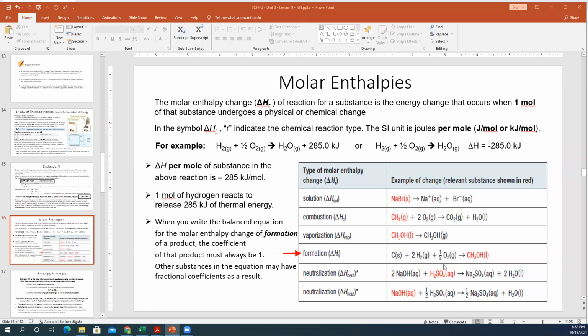That value would be with respect to 1 of H2SO4, or that could be the neutralization reaction for 1 molecule of NaOH, in which case the coefficient for NaOH will have to be 1. The coefficient for the sulfuric acid will become a half, and the coefficient here will also become a half, and then this becomes 1. So it all depends which one you're talking about with respect to, as this table shows here.